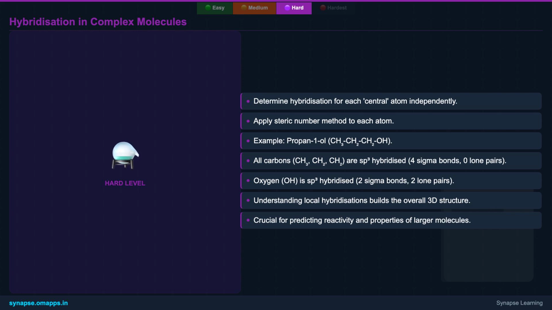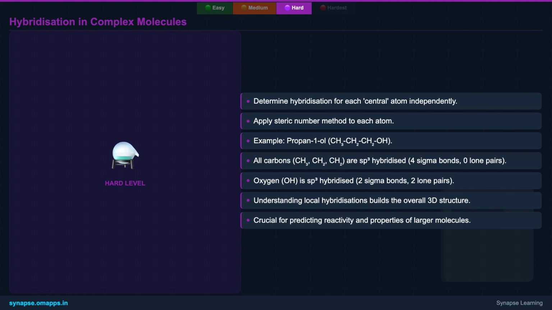The 2 CH₂ carbons are also sp³ hybridized for the same reason, 4 sigma bonds and no lone pairs. Even the oxygen atom in the OH group, with 2 sigma bonds, 1 to carbon, 1 to hydrogen, and 2 lone pairs, results in a steric number of 4, indicating sp³ hybridization. This individual assessment allows us to build a comprehensive picture of the molecule's overall 3D structure.